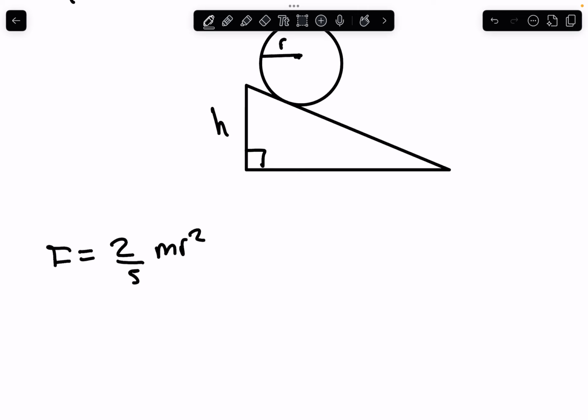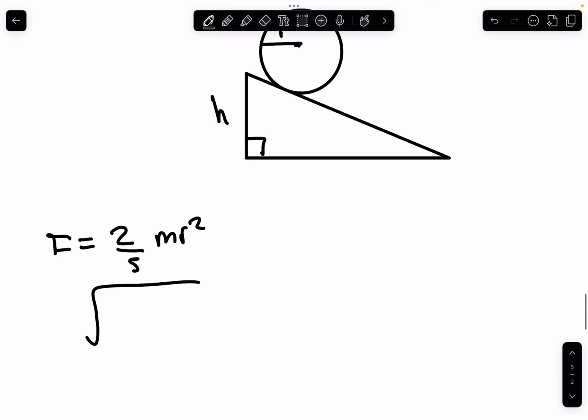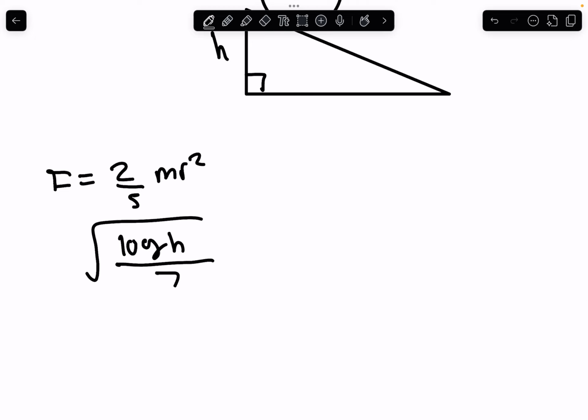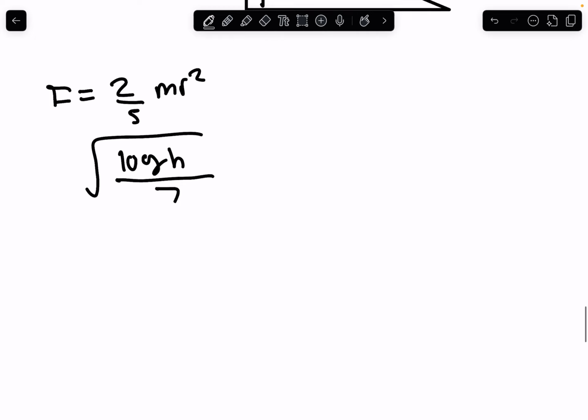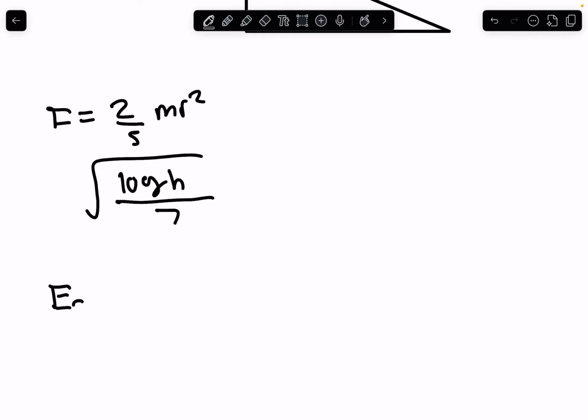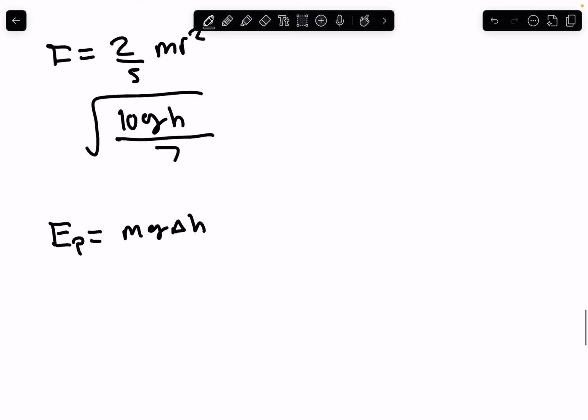The question is telling us to show that the linear velocity of the sphere as it leaves the slope is the square root of 10 g h over 7. So you look at it, you feel scared, of course. So at the top you have potential energy, EP, equals m g delta h.